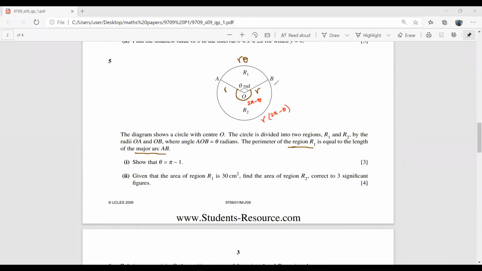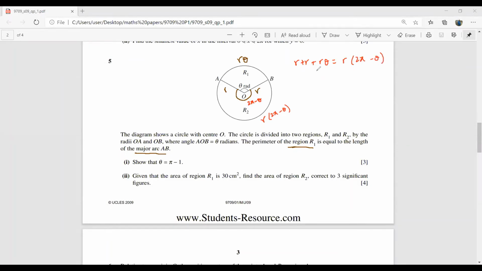So it says show that theta is pi minus 1. So we're going to use this condition here. The perimeter of the region R1 is equal to the major arc length AB. So the perimeter of this minor arc region is going to be R plus R theta, and that is equal to the major arc AB, that is R into 2 pi minus theta.